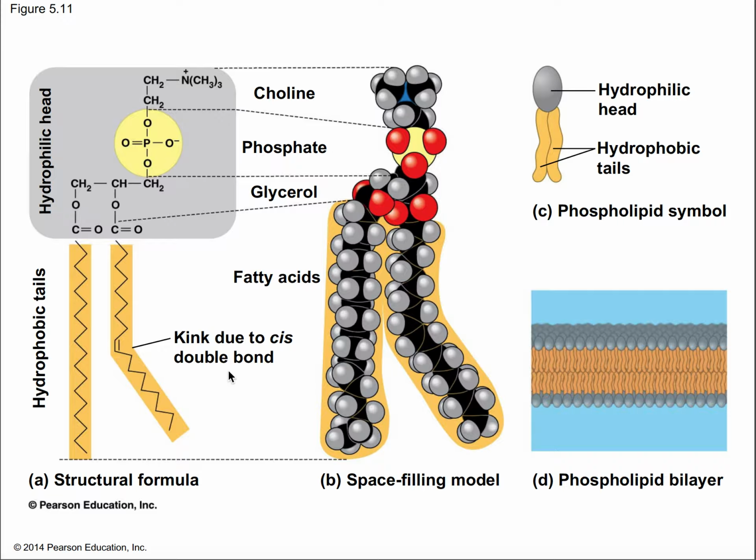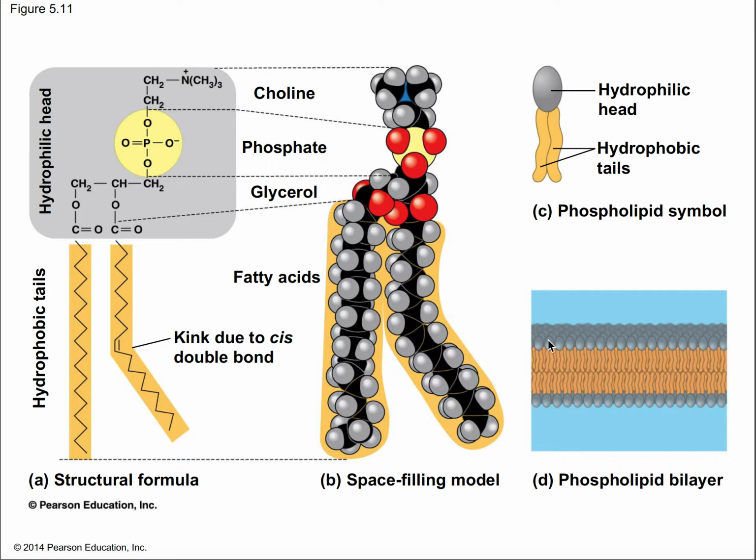Now, that phosphorus group makes it polar. So they call it a hydrophilic head, and these tails are still hydrophobic. They fear water, so they are nonpolar. Well, when this molecule is in water, and our cells are in water, they position themselves in this bilayer.